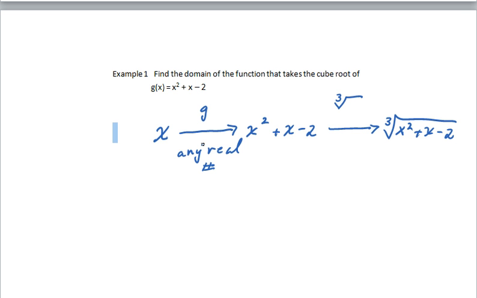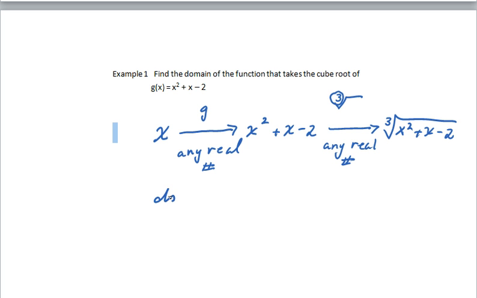But now, when we look at the cube root, we have to think about radical functions, since the index is odd, we can take the cube root of any real number. The domain is all reals for cube roots. And so in both cases, the domain is all real numbers.